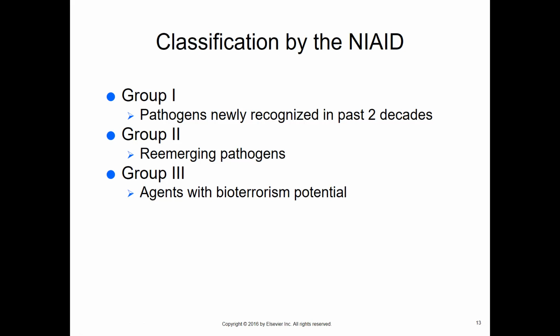And Group 3, agents with bioterrorism potential, subdivided into categories A, B, and C. Only the National Institute of Allergy and Infectious Disease category A organisms are included in the tables of this chapter. Bacterial, viral, fungal, protozoan, and prion-related emerging diseases are included in these groups.